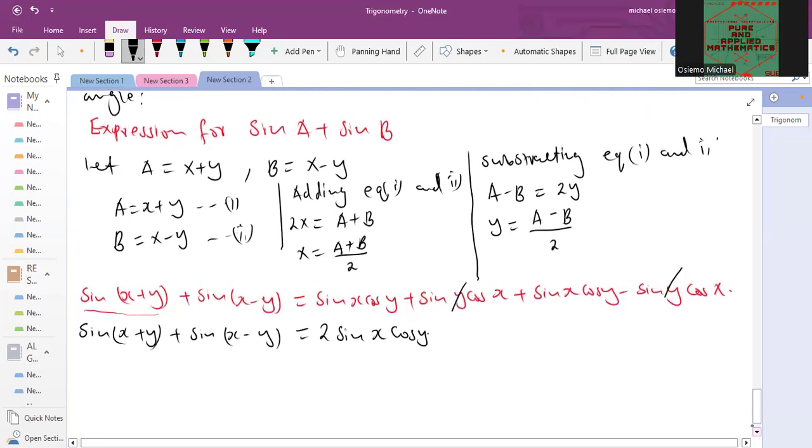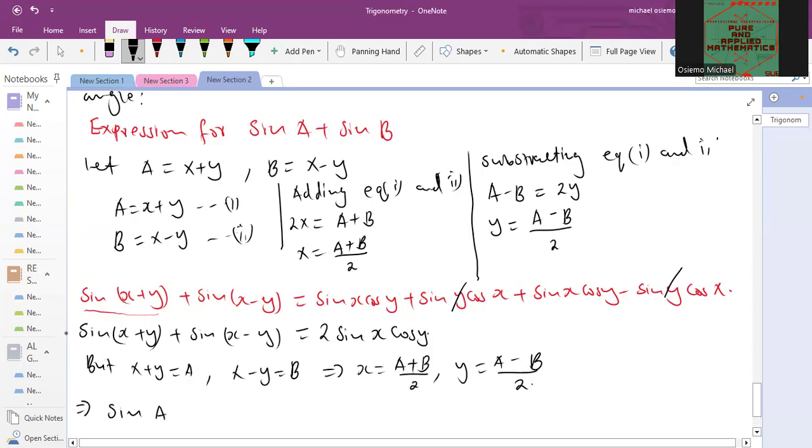But we know that x plus y is equal to A, x minus y is equal to B, implying that x is equal to A plus B over 2, and y is equal to A minus B over 2.